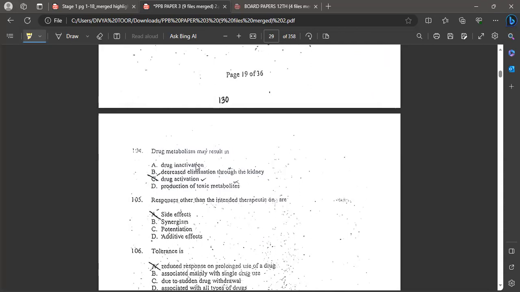Drug inactivation, no. Drug metabolism may result in drug inactivation. How? No, I'm saying no. Through elimination, A is out. But okay, let me ask. I think it should be the opposite, like drug metabolism may not.